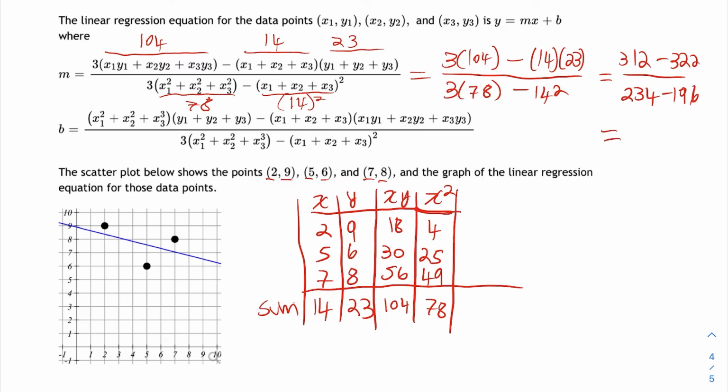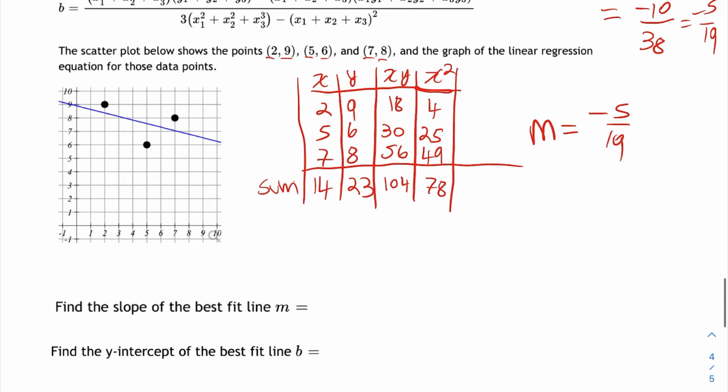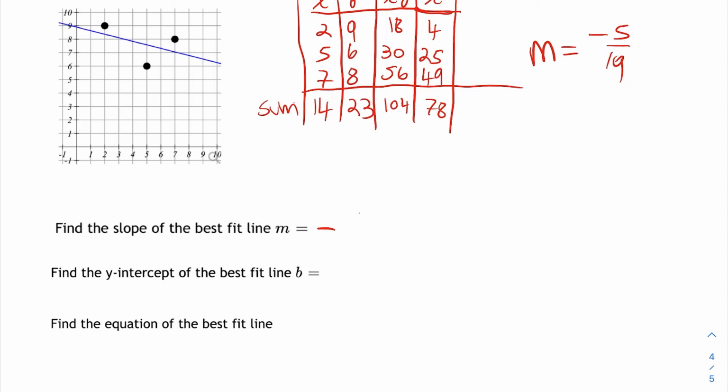On top, I get negative 10, while on the bottom, I get 38. So there I have the slope. The slope of my line is negative 10 over 38, which is actually negative 5 over 19. So the slope is negative 5 over 19. That's the first part they asked me for, negative 5 over 19.